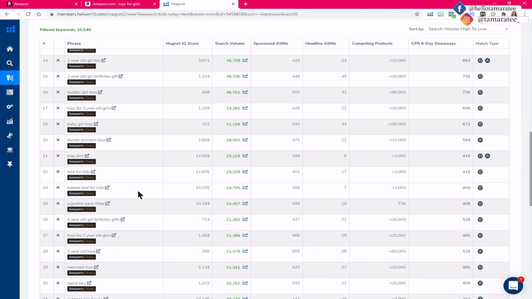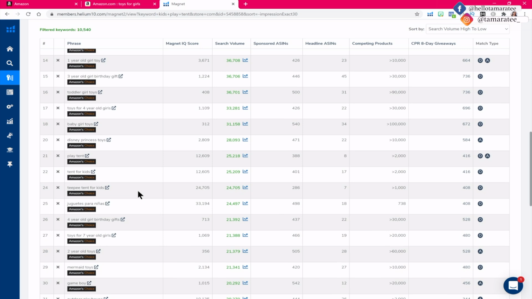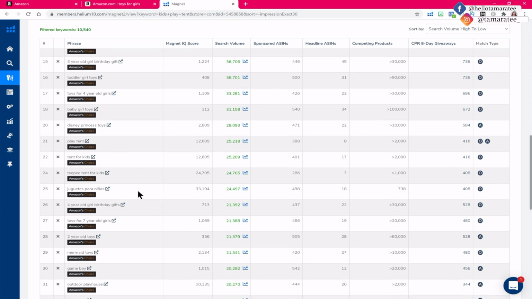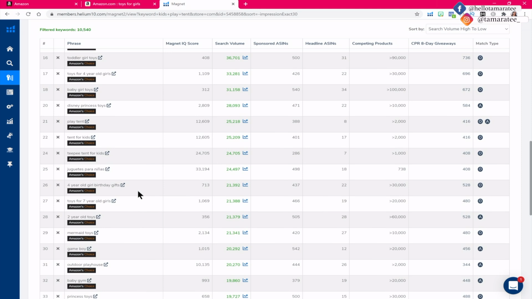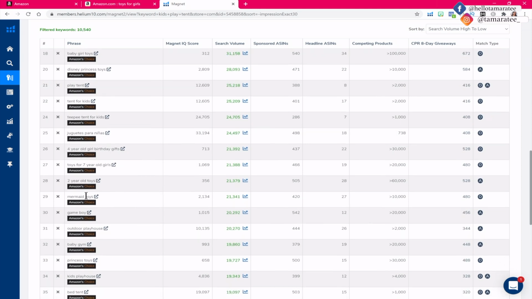is because they are gathering keywords from other people's reviews as well, and basically anything within a product listing. So in sellers' product listings, sometimes you may have some keywords in there describing what your product is for, but those keywords may be irrelevant, such as mermaid toys.